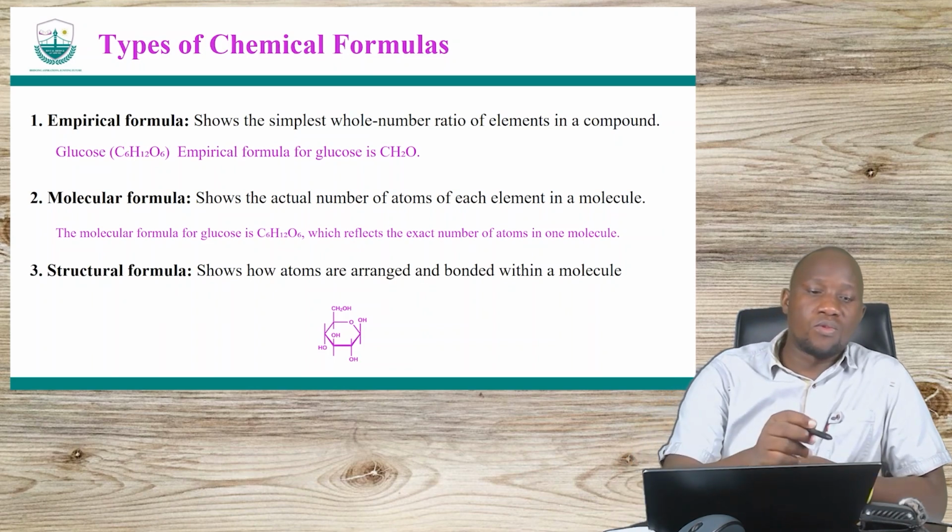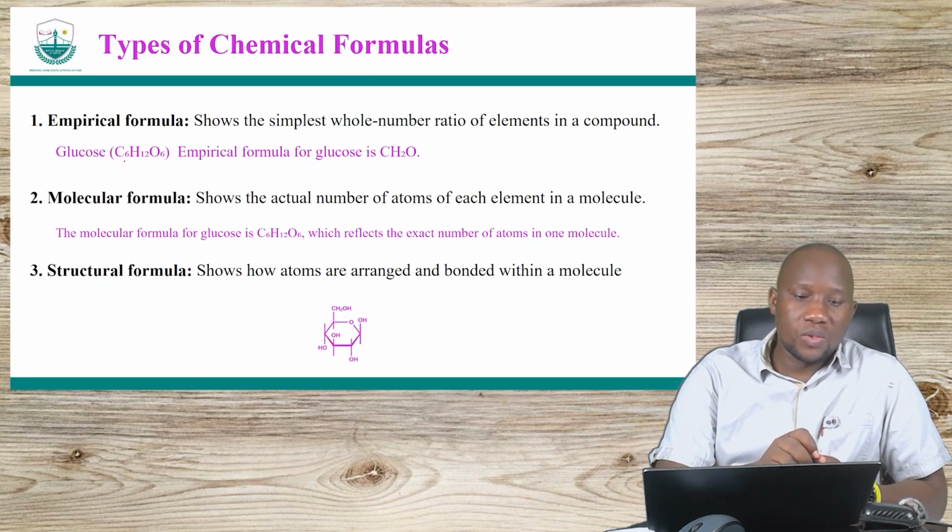So for example, glucose. The glucose molecule has 6 carbon atoms, 12 hydrogen atoms, 6 oxygen atoms. What ratio is that? The simplest ratio is to divide this one by 6, this one by 6, this one by 6, so that you have 1, 2, and then 1.